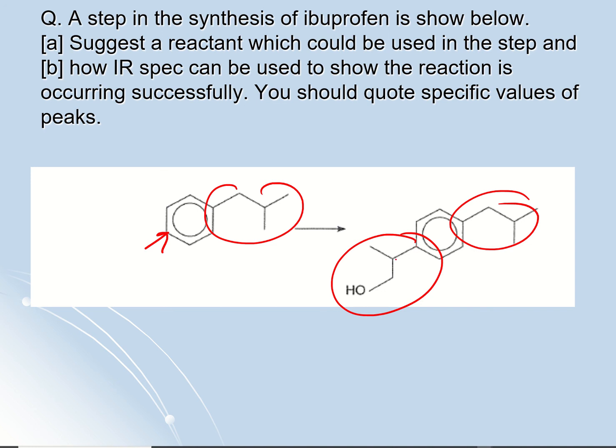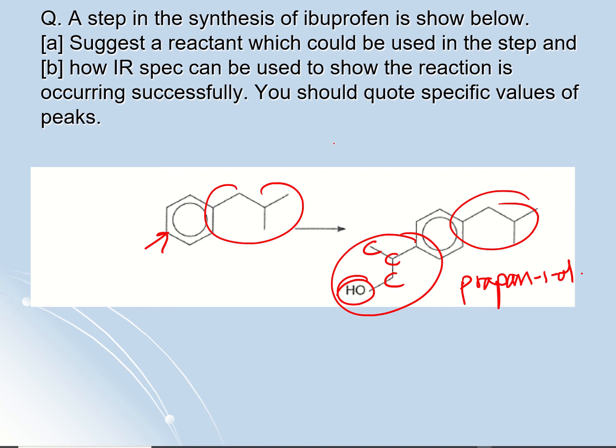Well, let's see what we've got. We've got a carbon, and a carbon, so we have 1, 2, 3 carbons there, and an OH group on the end of it. So you're looking for something like propan-1-ol. I think that's really all they're asking you to work out.